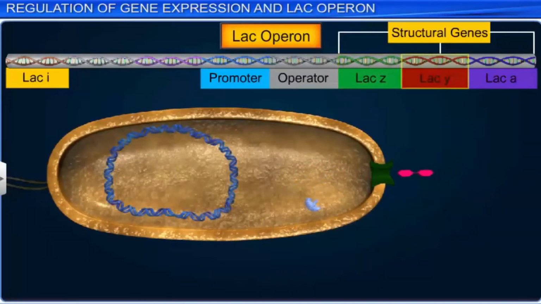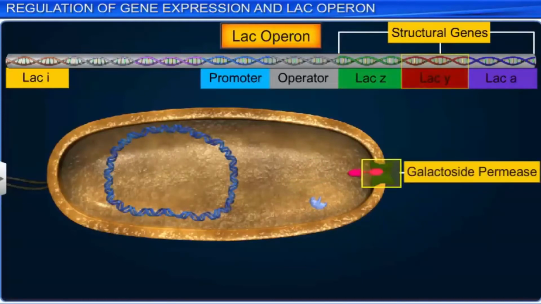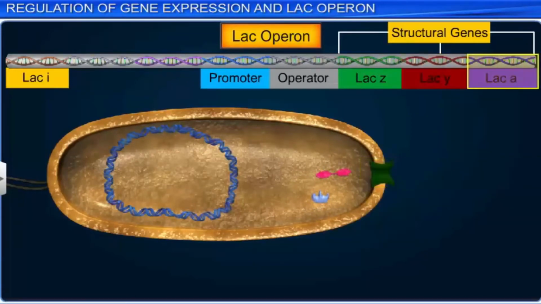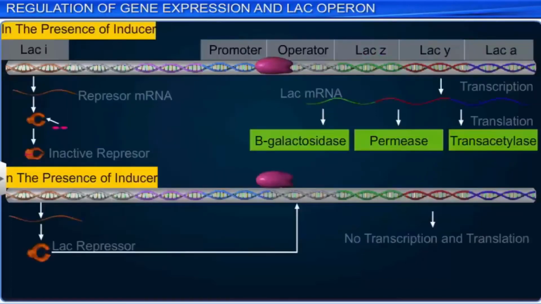The lac Y gene codes for permease, which increases the permeability of the cell to lactose, while the lac A gene codes for trans-acetylase, whose function is unknown. The switching on and off of the operon is controlled by lactose, which is hence the inducer.